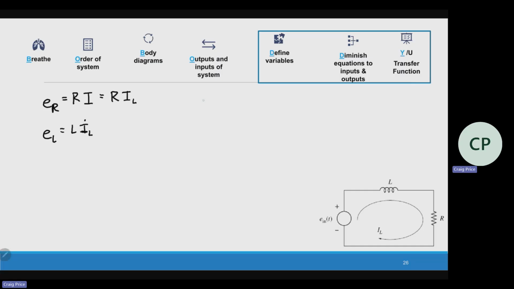So my voltage law, KVL, is, I can start here, then I can go around the loop. Again, we've got our terminals like that. So we have a positive E_in, we have a negative E_L, we have a negative E_R, and that gets us back to 0. Or we could say that E_in, the input voltage, is equal to inductor voltage plus resistor voltage.